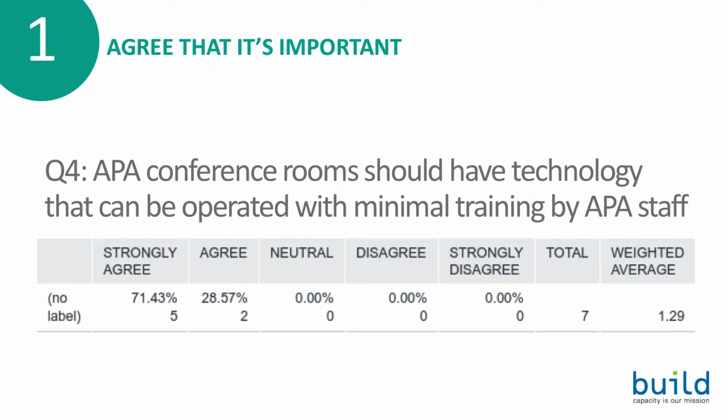If every time there was a meeting that required the use of technology, the expectation was that the IT staff would be there to support it, that would be an important consideration. It would be important for us to plan for around resource scheduling, around training, all sorts of implications.